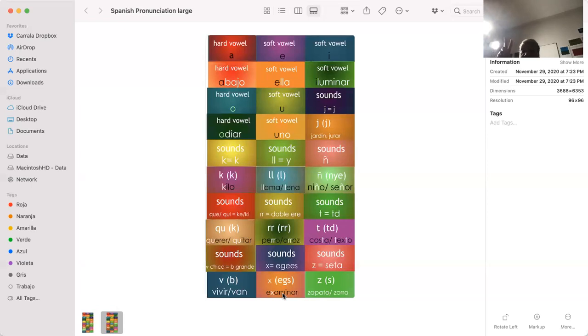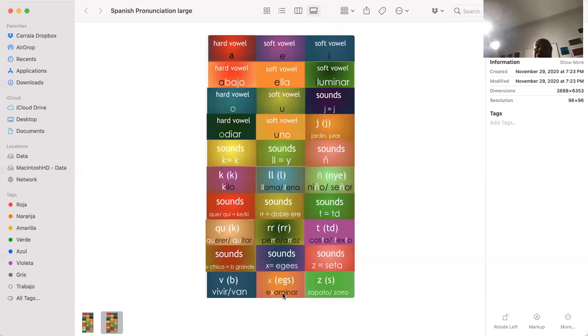It can sound like a W with GU and CU: if it comes before a hard vowel, the U sounds like a W, like in cuatro or agua.